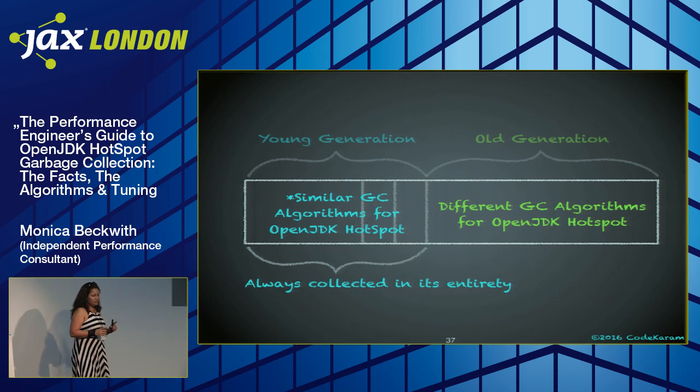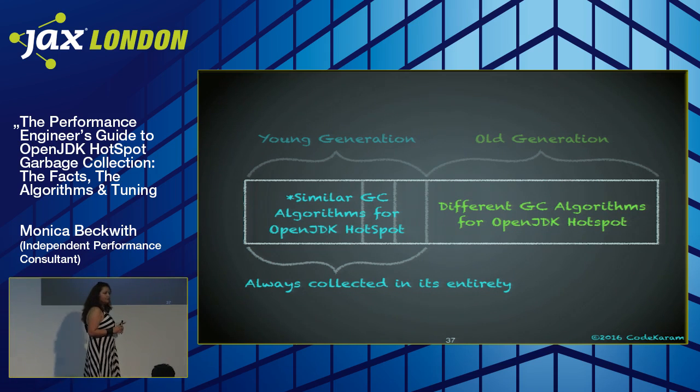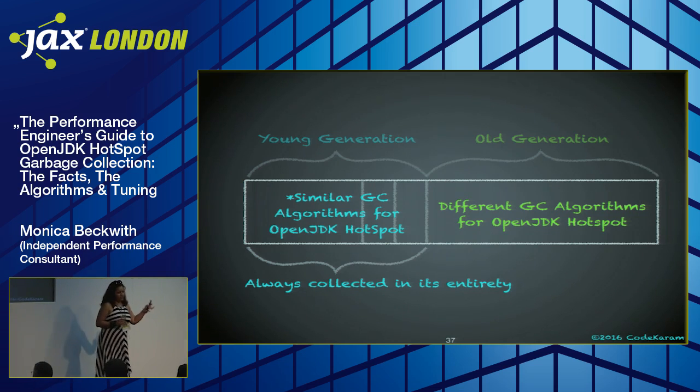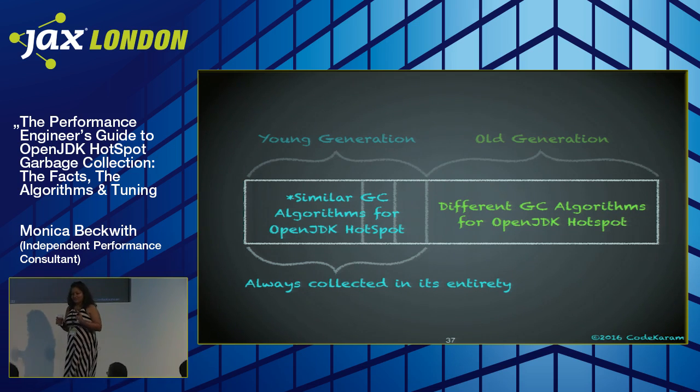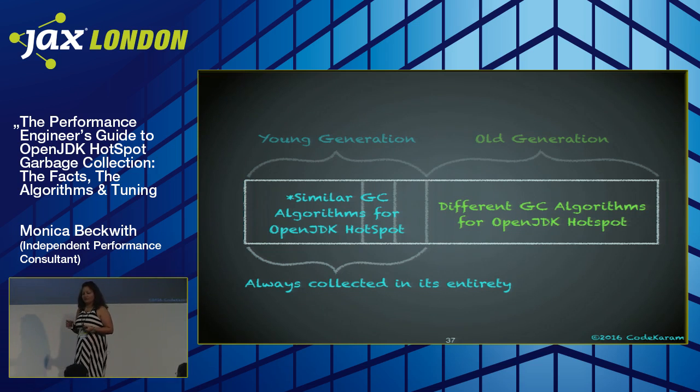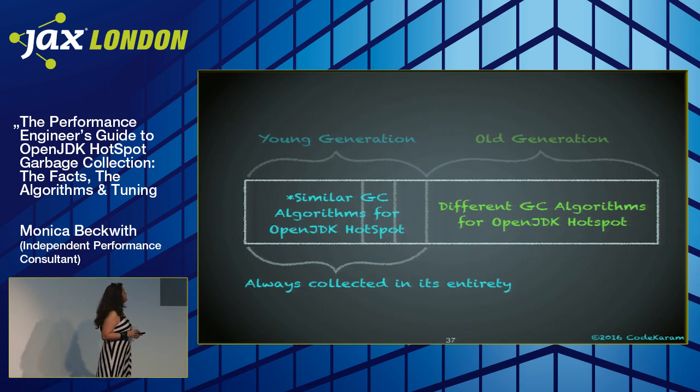That means that there is no partial compaction of the young generation, even for G1 GC. So G1 GC has a similar algorithm to the throughput GC and CMS. CMS is only applicable to the old generation. So basically, the young generation is the same. When people talk about CMS or G1, it's only about the old generation, okay? And like I said, the old generation has different GC algorithms.